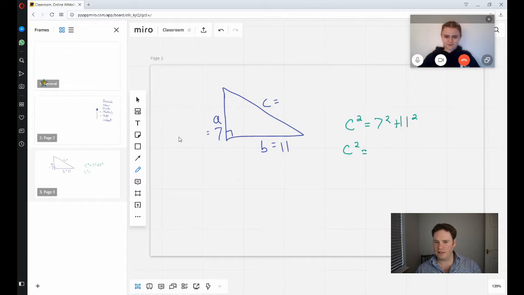Have you got a calculator to hand? Got my phone. I've got a phone calculator. Well, that would all come to 170. Yeah, 7 squared plus 11 squared. The square root of 170 is 13.0.